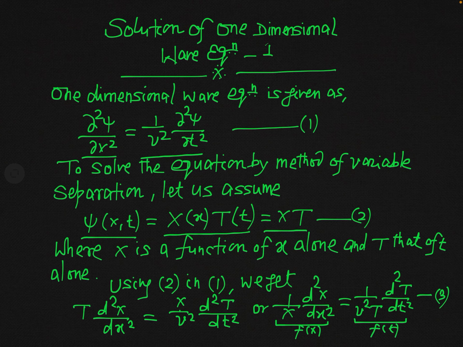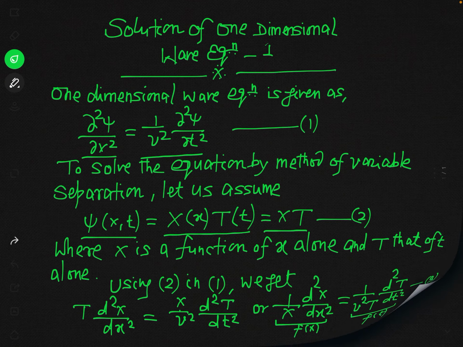So the variables get separated, and if the LHS is a function of small x only and the RHS is a function of small t only, and x and t are independent variables, then for all values of x and t, this equation 3 will be satisfied only when each side of this equation is equal to the same constant. So let us set each side of this equation equal to the same constant.